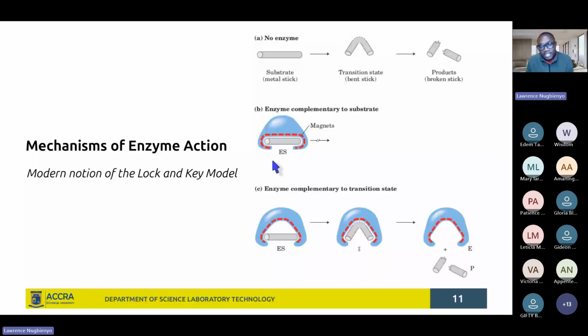So if that's the case, then it means that if you have an enzyme which perfectly fits to a substrate, then the enzyme substrate complex would be so stable that there will not be any need for that enzyme substrate complex to proceed to form a product.